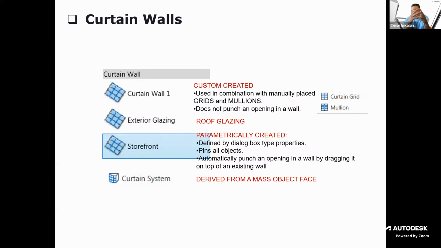There's another type, exterior glazing. The exterior glazing is intended to be used when you have slope conditions.